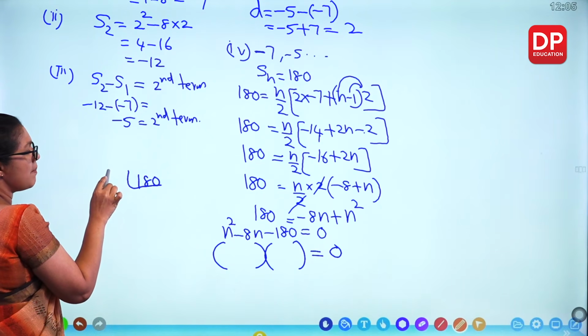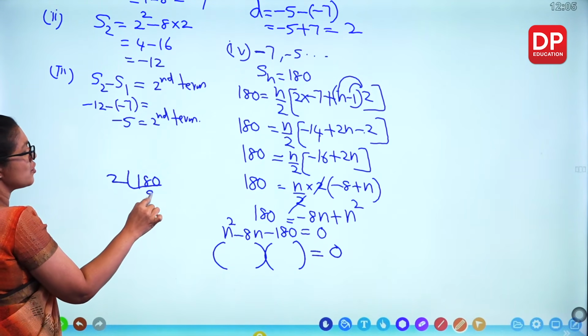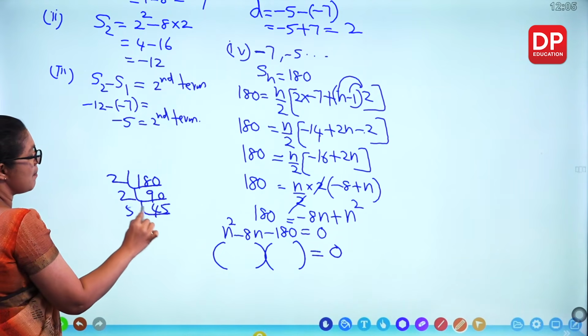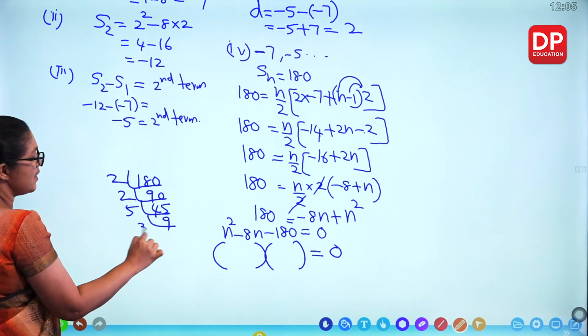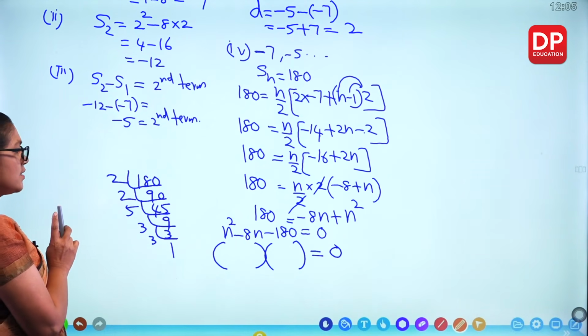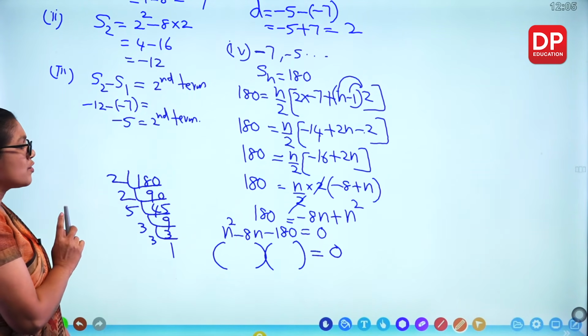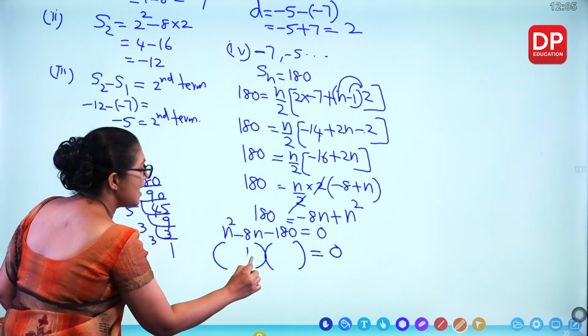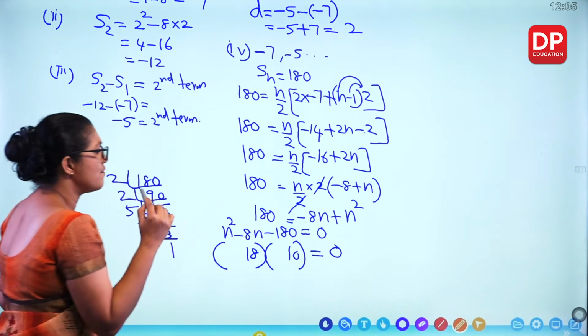You can divide by 2, divide by 2, divide by 5, 3 and 3. So what are the factors of 180 that give 8? 18 and 10. 18 and 10 are the factors.